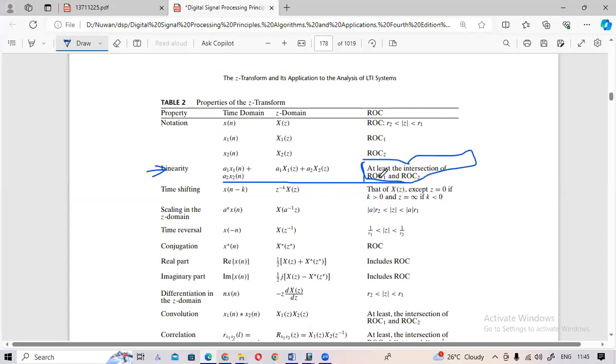Sometimes you have to find the ROC using the Z transform.